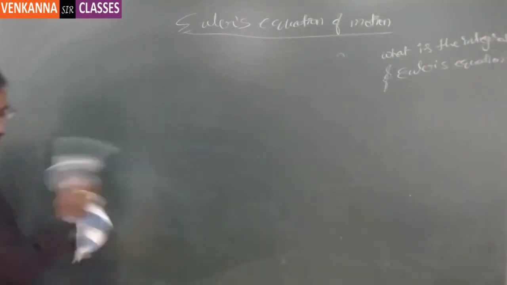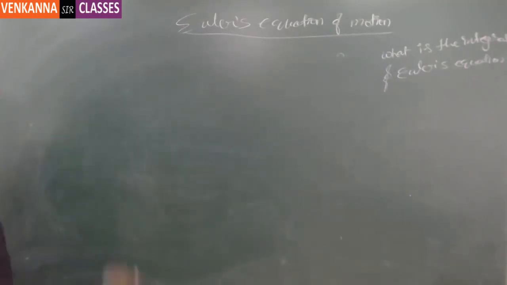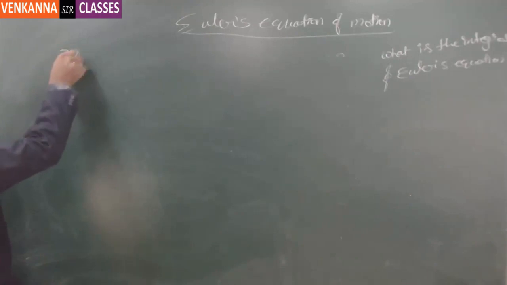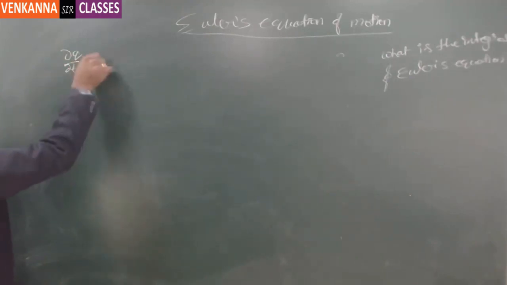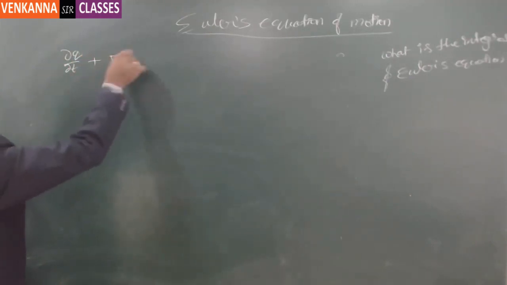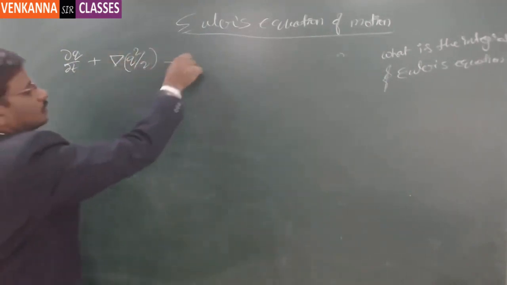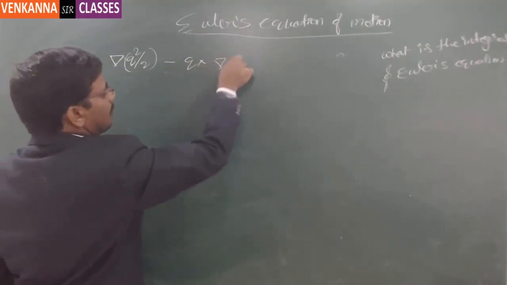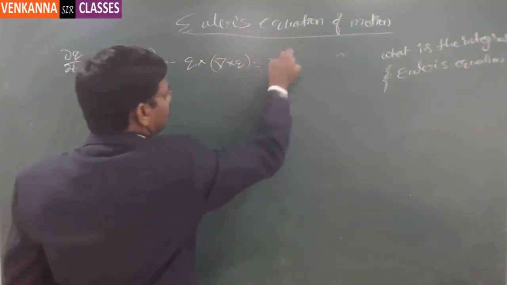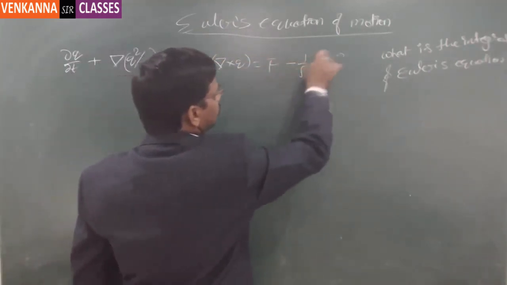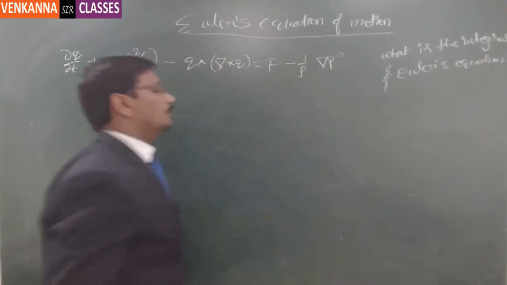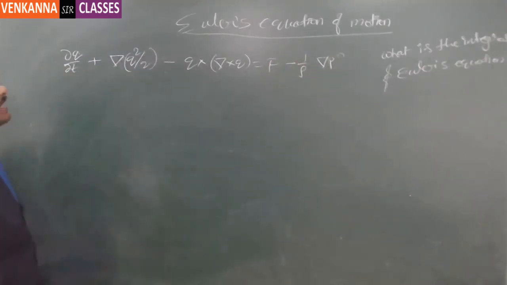I hope you noted down this. I'll just write it here. dou q by dou t plus del of q square by 2 minus q cross del cross q is equal to f minus 1 by rho times del p. Now here every letter is known.